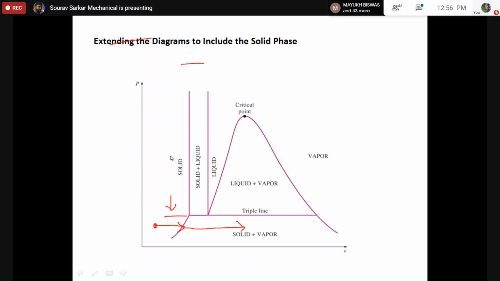If you are heating along a constant pressure line, there will be solid, then liquid, then you will find vapor.